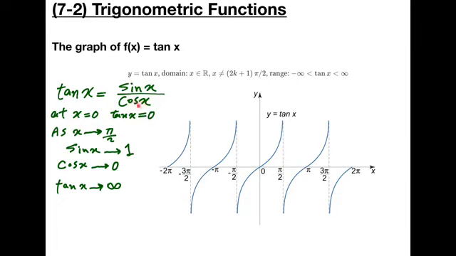So the whole fraction becomes very, very large. As long as the numerator is a finite number and the denominator is getting closer and closer to 0, the whole fraction starts to increase without bound. And that's what you see over here in the graph. Look, as we approach pi over 2, the graph of the tangent function rises without bound. And that's what this part of the graph tells us.